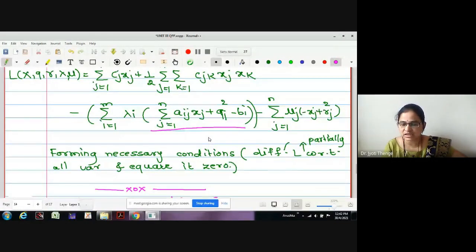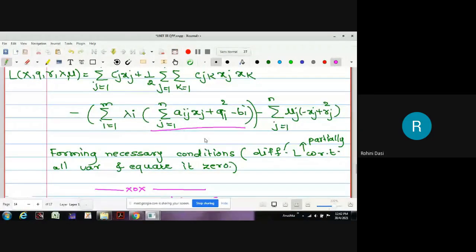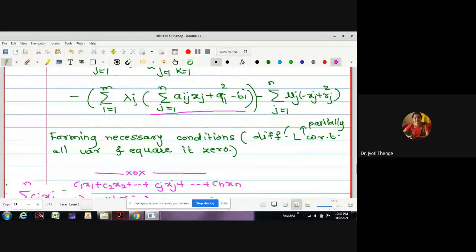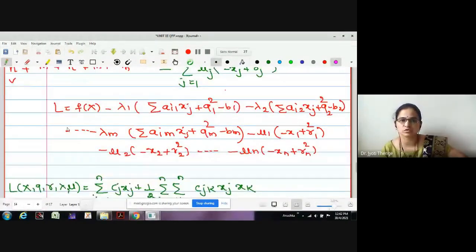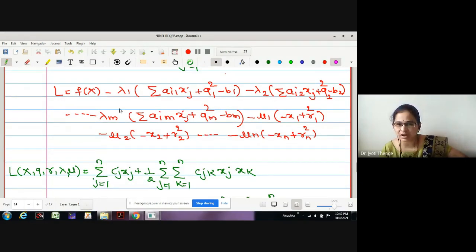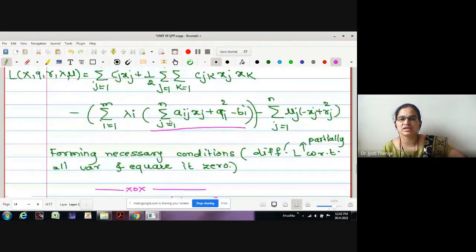Is it 0? Yes, ma'am. Therefore, this is summation i equals 1 to m lambda i aij. Correct, no? You can observe from this also: if I differentiate with respect to xj, lambda 1 into ai1 minus lambda 2 into ai2. Therefore, this is going to form summation lambda i aij xj. Okay, no need to explain in detail for this. If I differentiate this last term with respect to xj, what is the value?